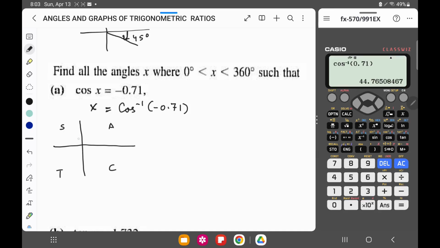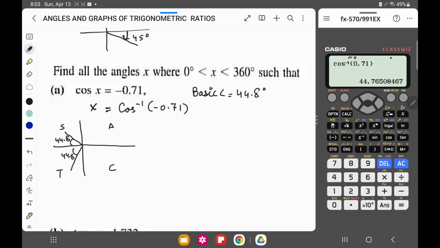CAST: it means cos is negative in the second quadrant, and cos is also negative in the third quadrant. So the basic angle I have found is x equal to 44.8 degrees. Draw here 44.8 and 44.8.